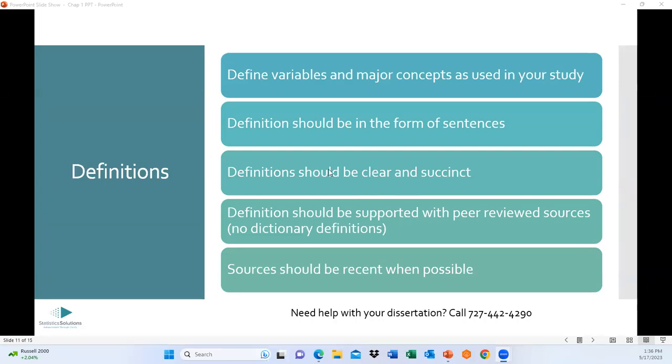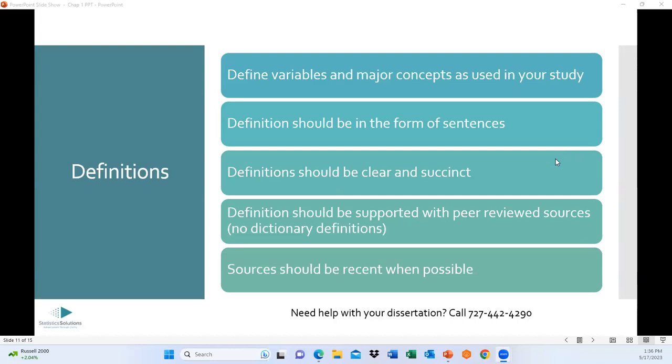Definitions should be clear and succinct. This is important because these are definitions, right? They're not discussions. I see people sometimes going, oh, Smith defines emotional intelligence this way, but Goleman defines it this way, and there's no universal definition of emotional intelligence. Stop. It's not a discussion.